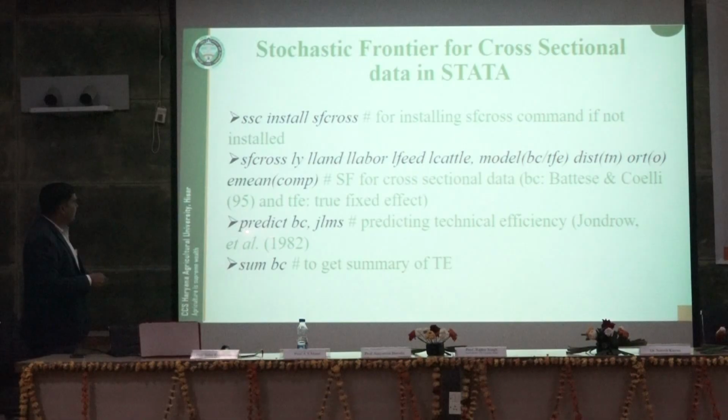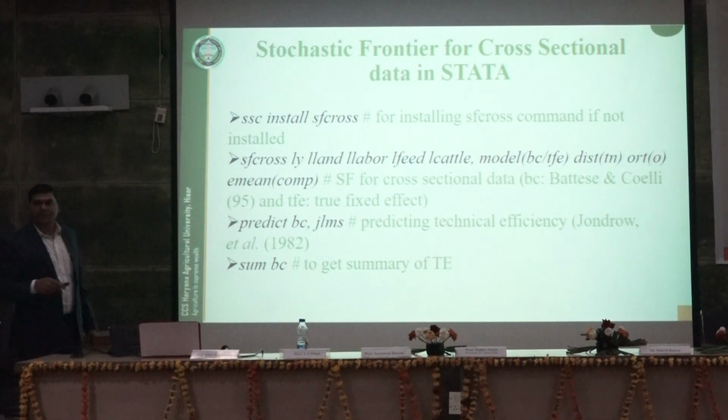And this is the command predict, the variable name, that is JLMS, Jondrow et al., to predict the technical efficiency. And this is again a command to summarize the technical efficiency.